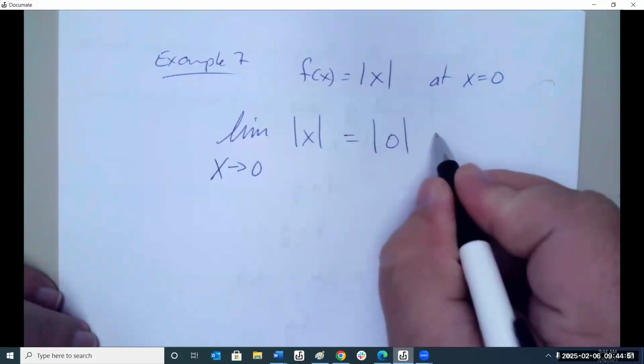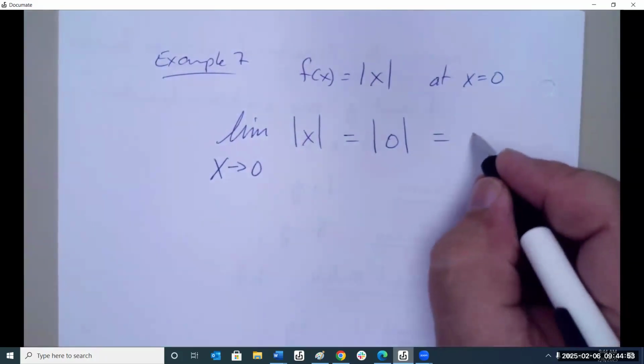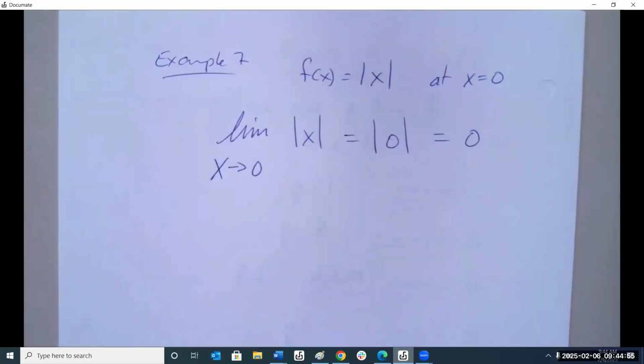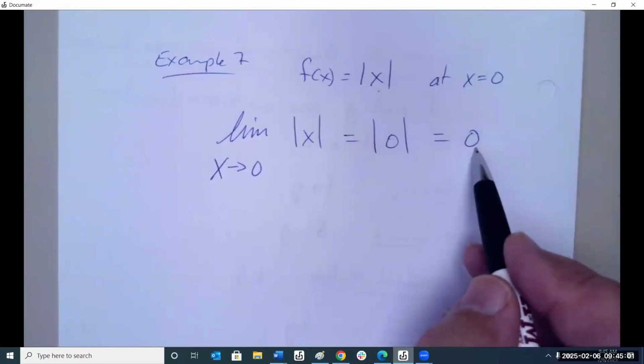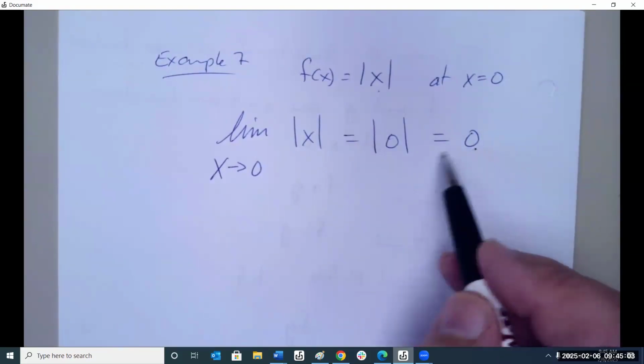Can we take it at 0? What's the absolute value of 0? Is that in the domain? What's the domain of absolute values? All real numbers. Is that in the all real numbers? So it's continuous.